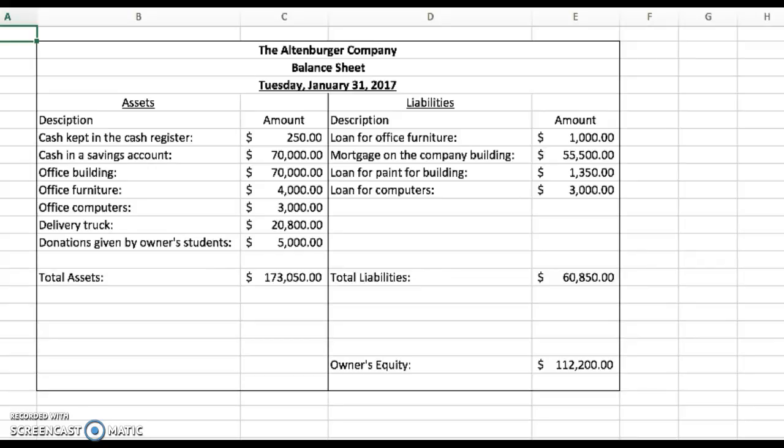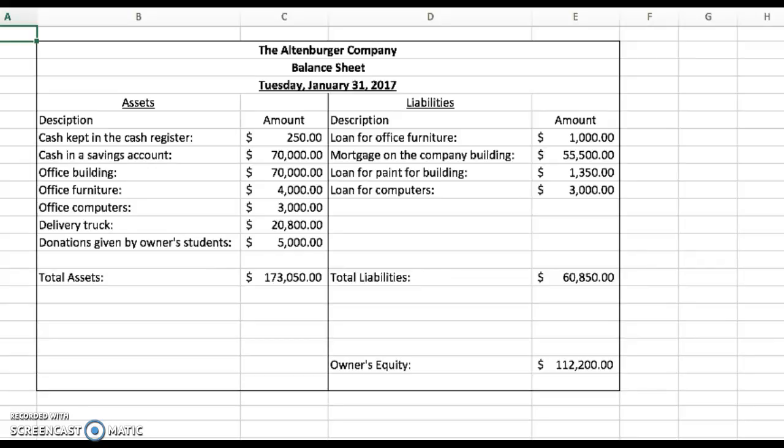Also be aware that the word debit, D-E-B-I-T, does not mean the same thing as the word debt, D-E-B-T. The word credit does not have the same meaning as, for example, credit cards. Just know that the word debit always means left, credit always means right. And we're going to be talking much more about those terms later.